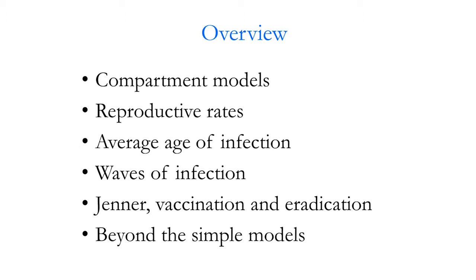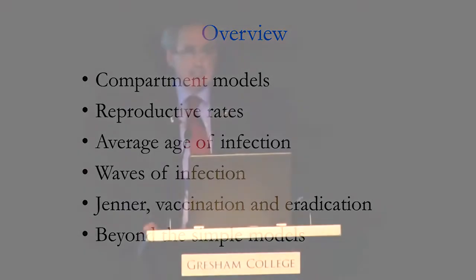Different diseases have different basic reproductive rates, because infections vary in the ease with which they're transmitted and in the length of time for which a person remains infectious. And the basic reproductive rate can vary between societies due to the nature of social intercourse, social behaviours, and the frequency and nature of contacts.